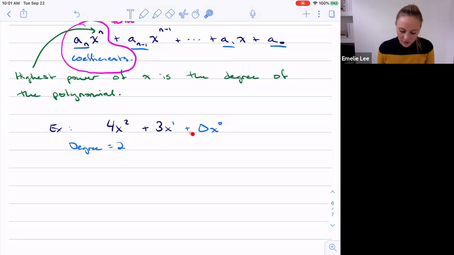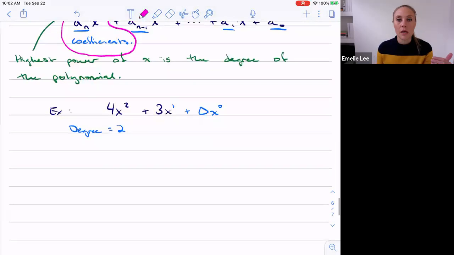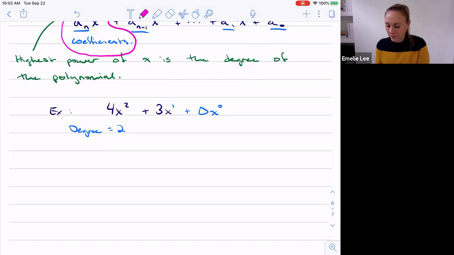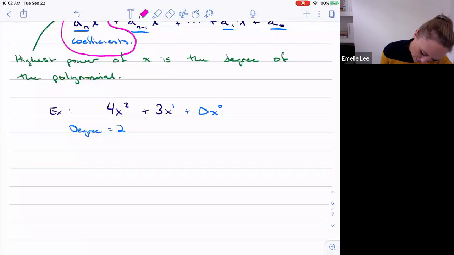If there's no term after, then what's technically going on is you've got 0 times x to the power of 0. I want to make a note that because this is going to be important, anything to the power of 0 is just 1. So 3 to the power of 0 is just 1 on your calculator.